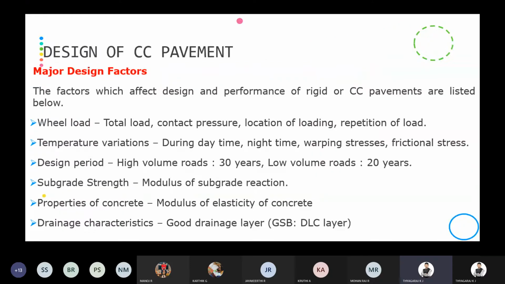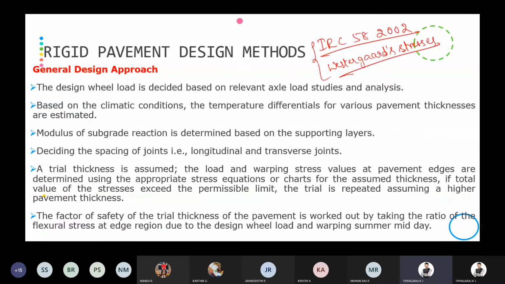In the last class we discussed the factors affecting the design of rigid pavement: the wheel load, temperature, design period, subgrade strength, properties of concrete, and drainage characteristics.